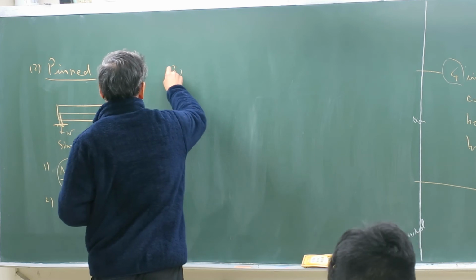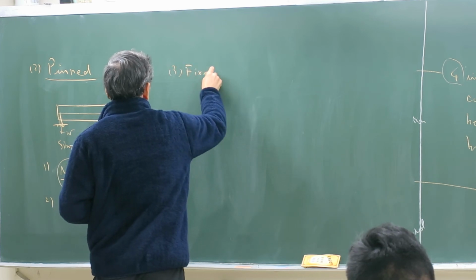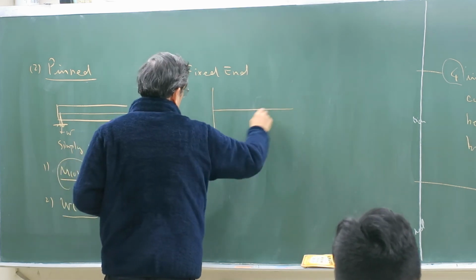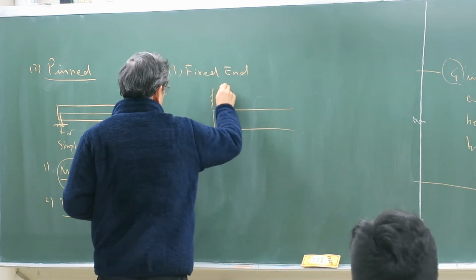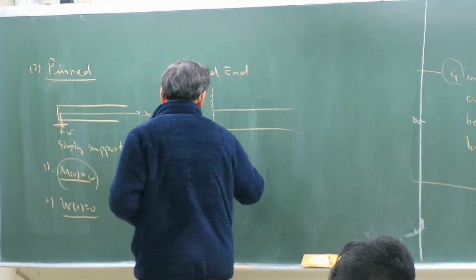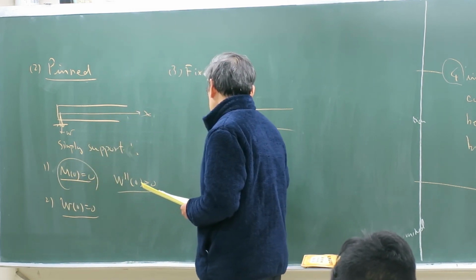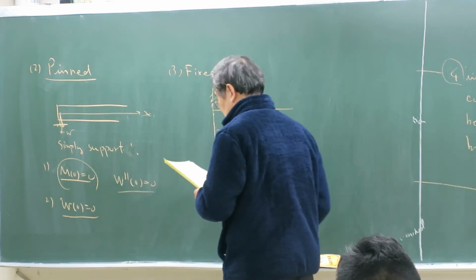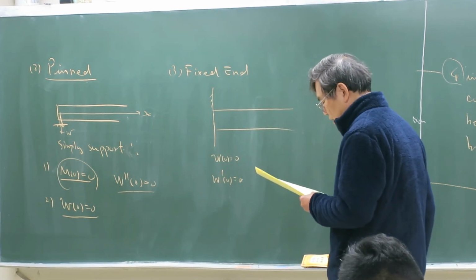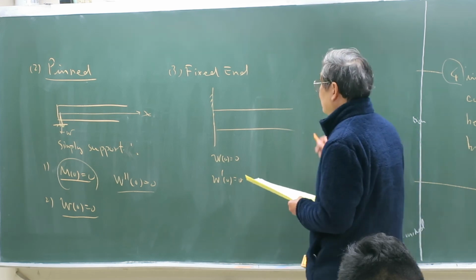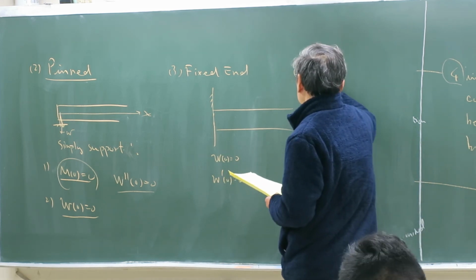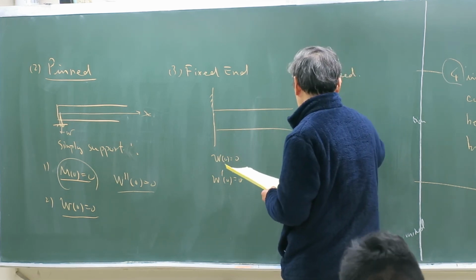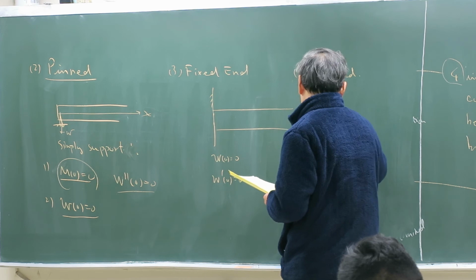Yeah, third is the fixed end. This is a fixed end. And here, W at 0 equal to 0, W slope at 0 equal to 0. And number 4 is called clamp. Clamp, okay? It's like this.